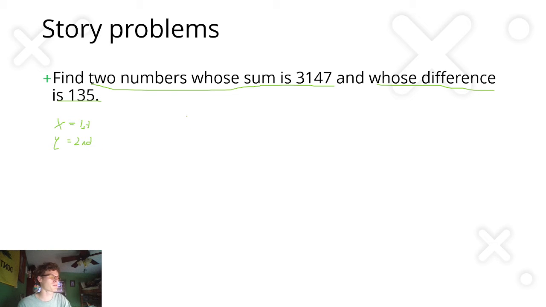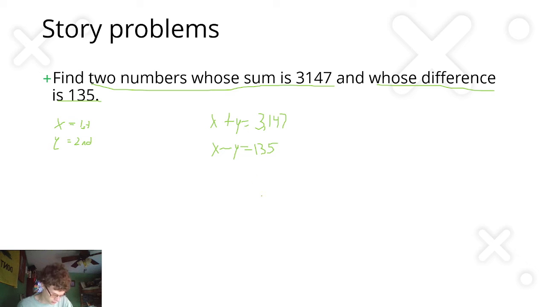Because we're working with systems of equations, two numbers whose sum is 3,147 means x plus y equals 3,147, and whose difference means x minus y is 135. I think the best way to solve this is eliminating the y's and then solving from there.